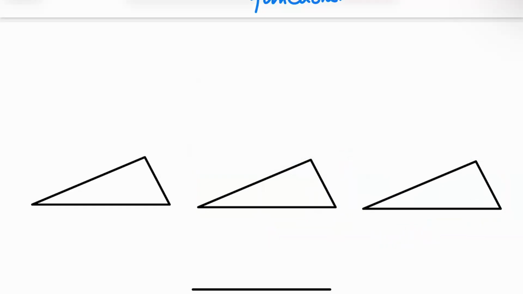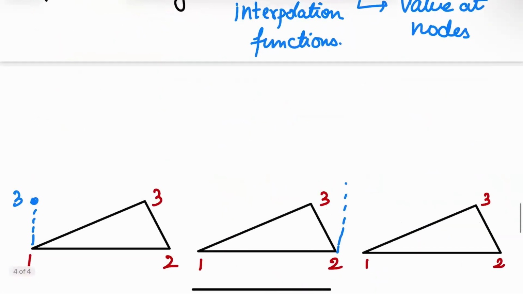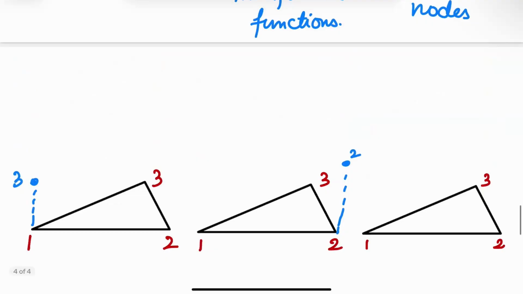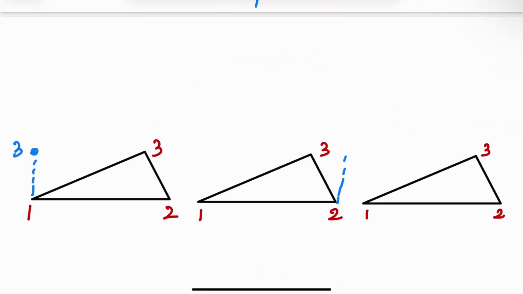All right, so I have 1, 2, 3, same triangle. Right? And then I have a value here, which was 3. The value at this node, I said was 2. At node 3 it was 2, and at node 2 it was 10. Right? So let's stick to the same numbers.